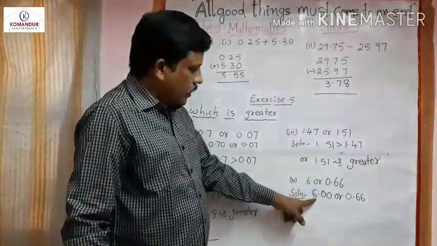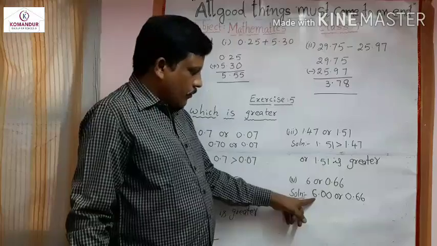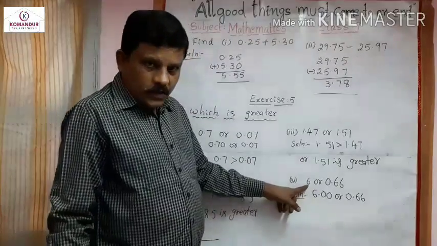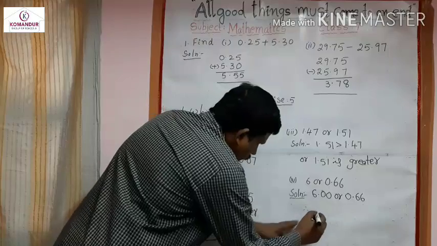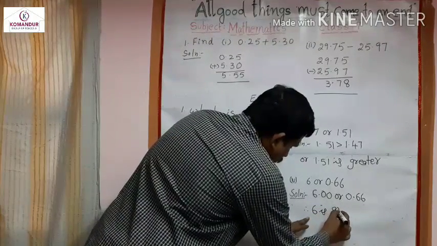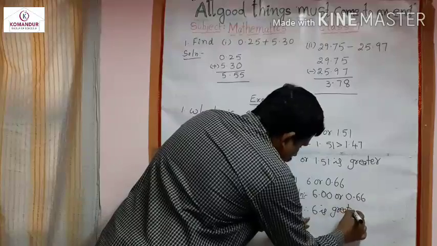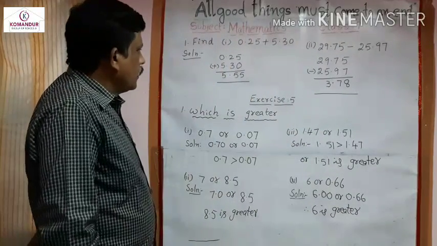What is the number here? 6. Here, 0. So which is greater? This number is greater, that is, 6 is greater. Like that we will compare.